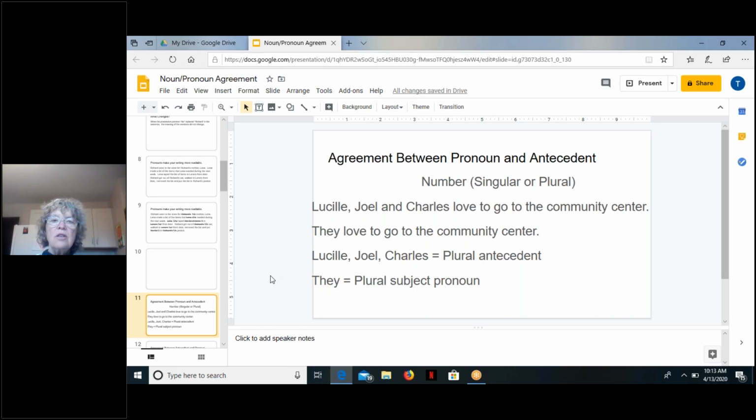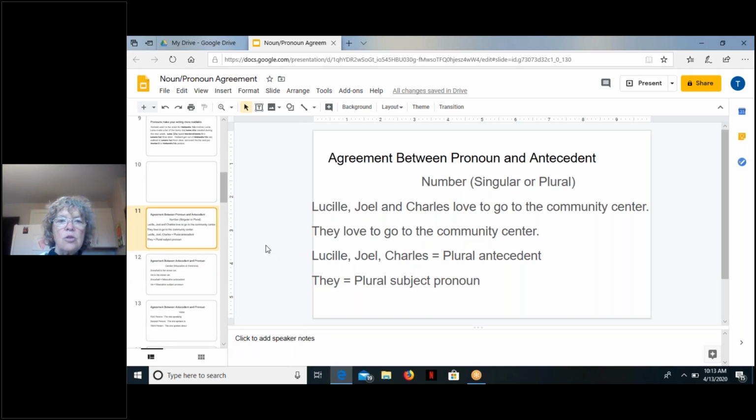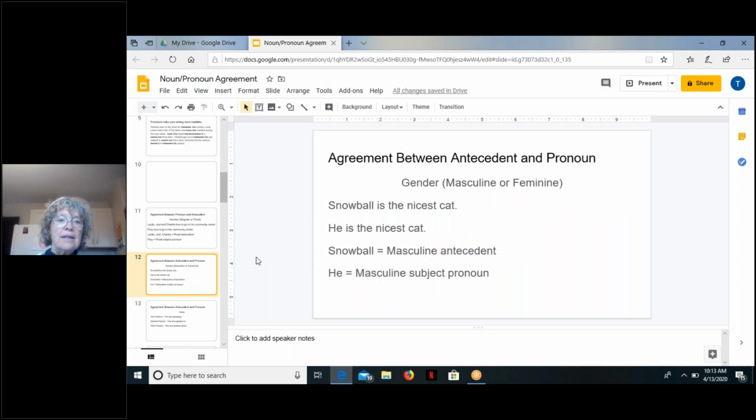So we use Lucille, Joel, and Charles as our plural antecedent, and we replace it with they. They love to go to the community center. We use a plural subject pronoun to replace Lucille, Joel, and Charles, and our reader knows exactly who went to the community center.